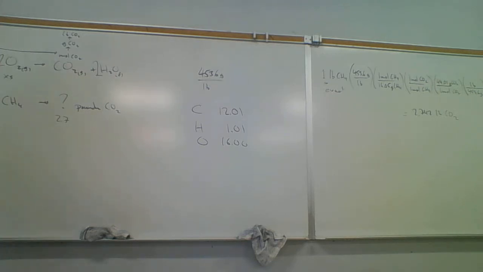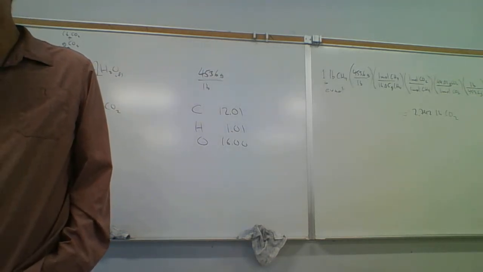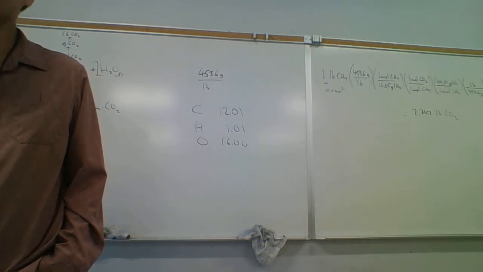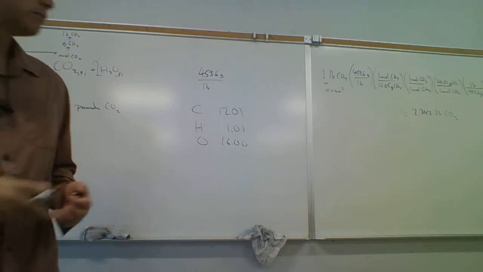However, if you're burning methane in an enclosed container, then there could be a limited amount of air or a limited amount of oxygen. And so if you're on a submarine and you're burning methane, then you've got to worry. You're going to be using up oxygen. You don't want to use it all up. And so, worry about that.